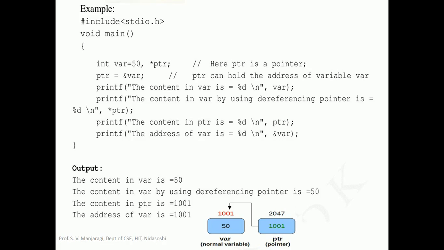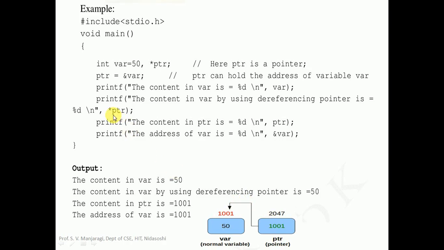What is 1001? It is the address of the memory location. We come here, and the value stored at this memory location is 50. So *ptr is going to extract the value 50 from the memory location whose address is 1001. ptr is holding the value 1001, which is the address of variable var, and the value stored at this address is 50.